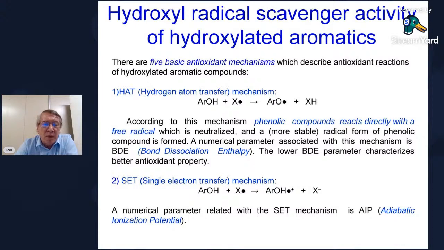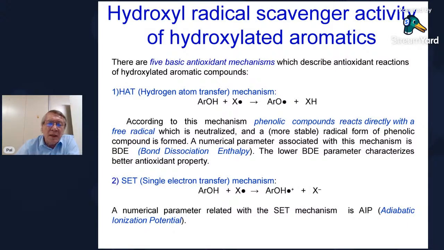The two most common experimental mechanisms of reaction of phenolic antioxidants, involving chalcones, with radicals, hydroxyl radicals, are the so-called hydrogen atom transfer mechanism and the single electron transfer mechanism. The two equations showing the essence of these two mechanisms are shown in this chart.